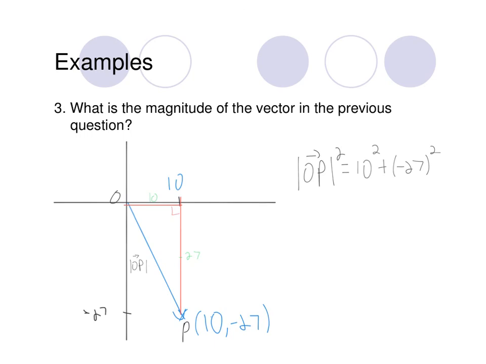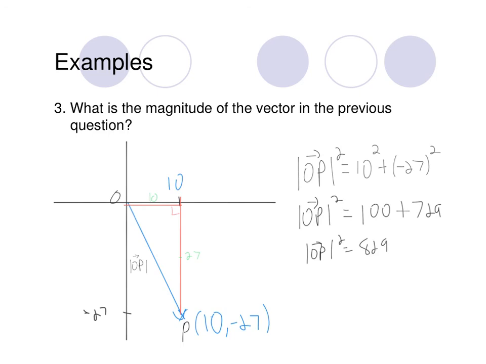Whether it's negative or positive, you're going to get the same answer because you're squaring that. So the magnitude of OP squared is going to be 100 plus 729, so the magnitude of OP squared is just 829.